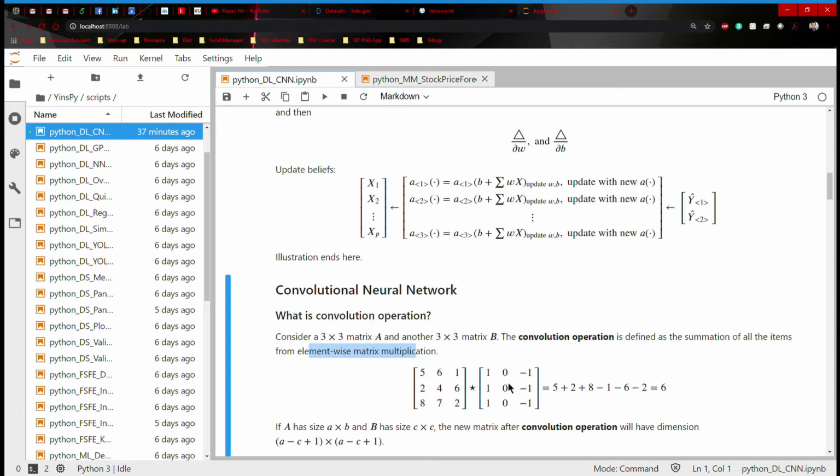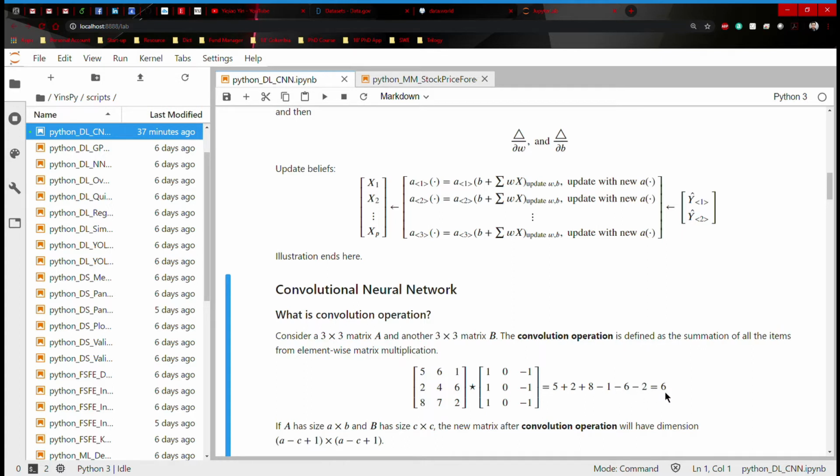The second column of matrix B are all zeros, so we omit those values. And then the last column, 1 times negative 1, 6 times negative 1, 2 times negative 1, and those results are here. And we sum them up together, and the final value is 6.